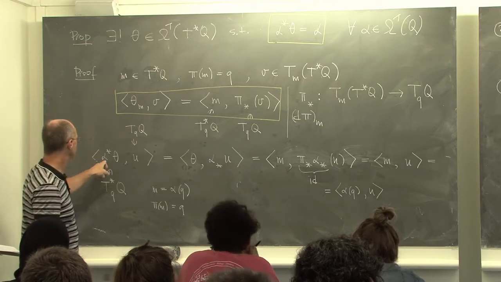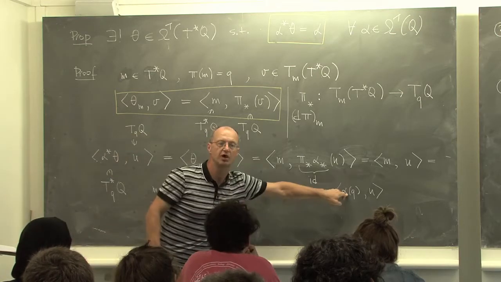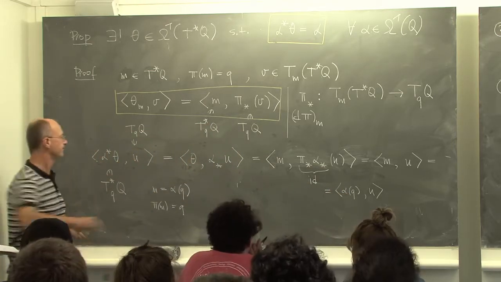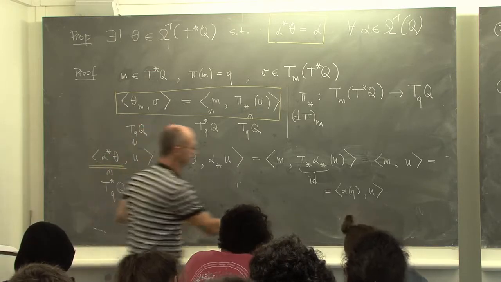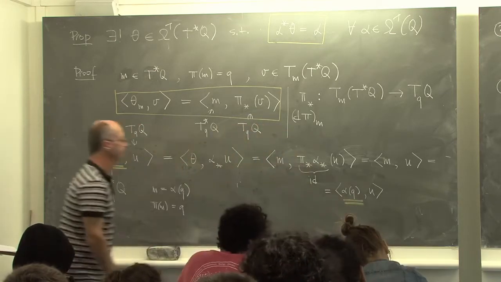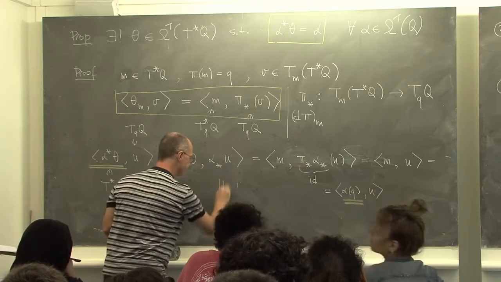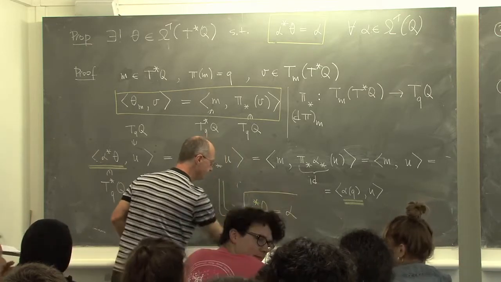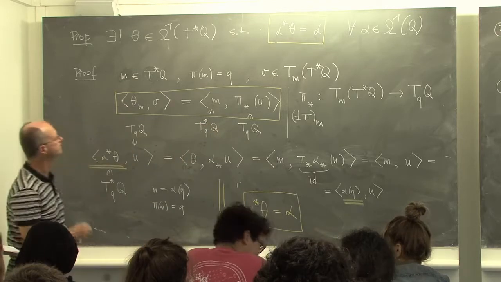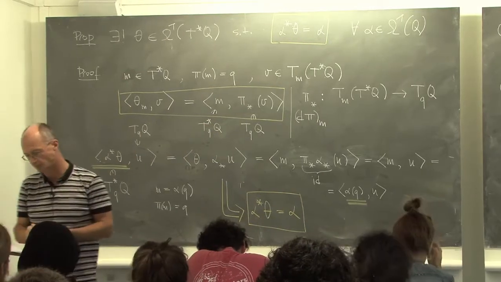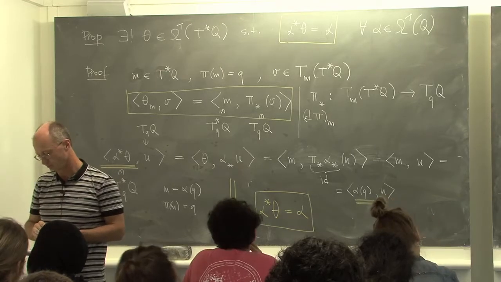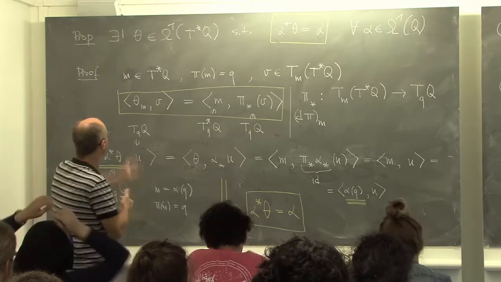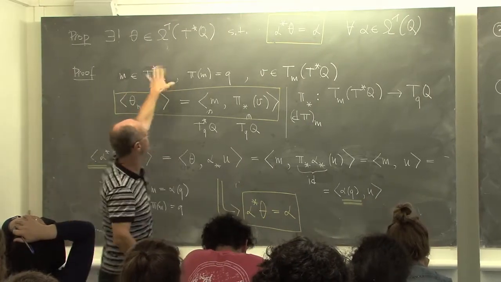We wanted to prove that alpha star theta is equal to alpha. And that's what we proved. All right, so the form theta satisfies the conditions that we set.